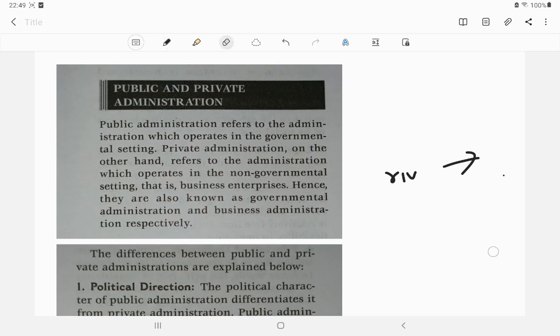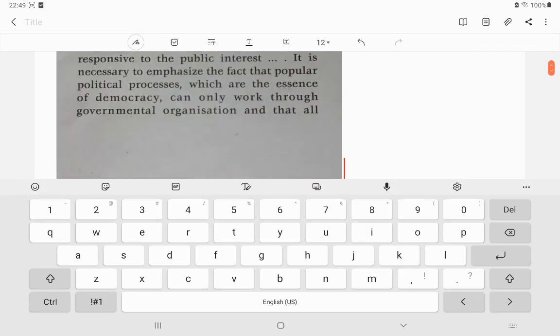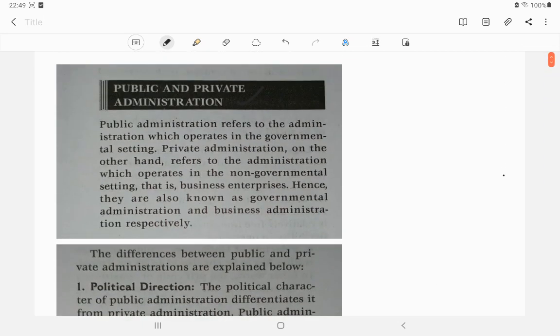So answer to kina liko public and private administration. Public administration refers to the administration which operates in the government setting.